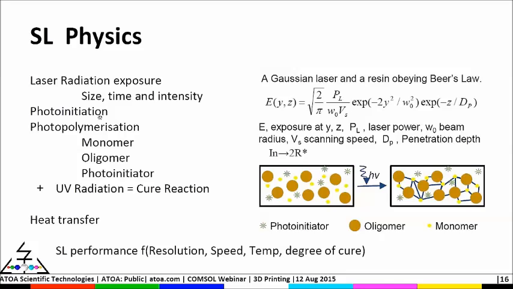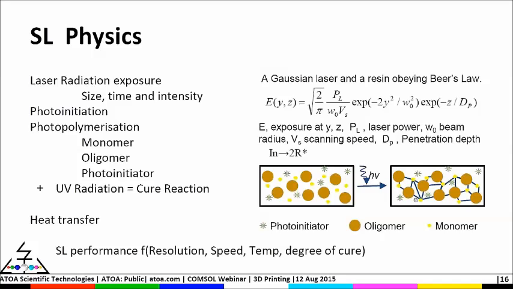The next one is the photo initiation. Upon application of laser energy, these photo initiators split into two or more components. These components have the capacity to link the oligomer and the monomer.